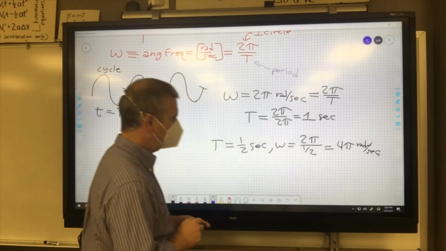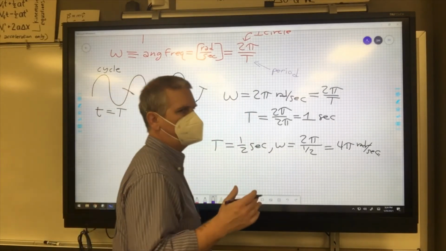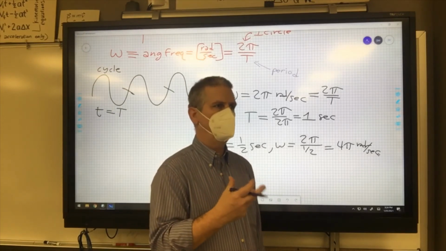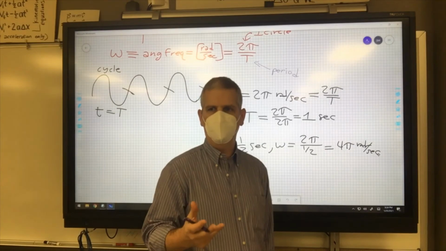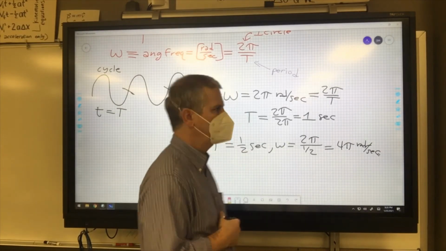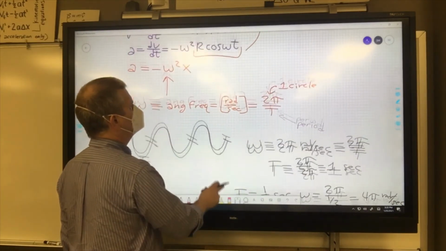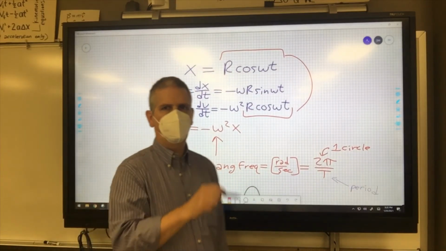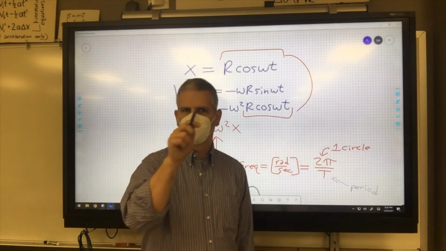Okay? And since we call it the angular frequency, how frequent is this motion? The bigger the number, the more frequent the motion. All right? So, with these equations now, you can define an object in a circle.